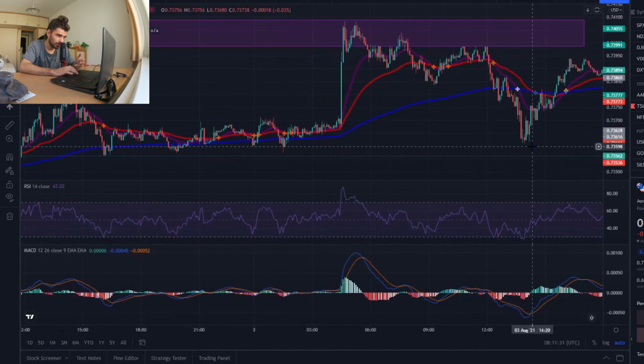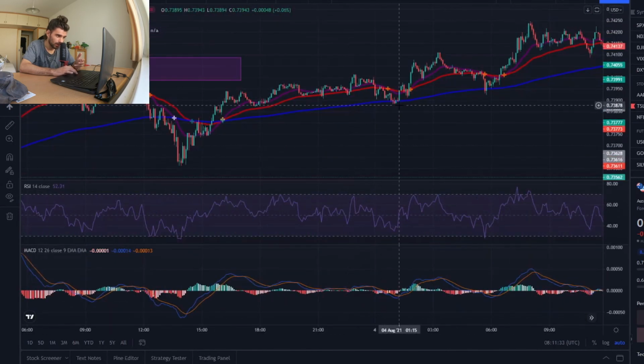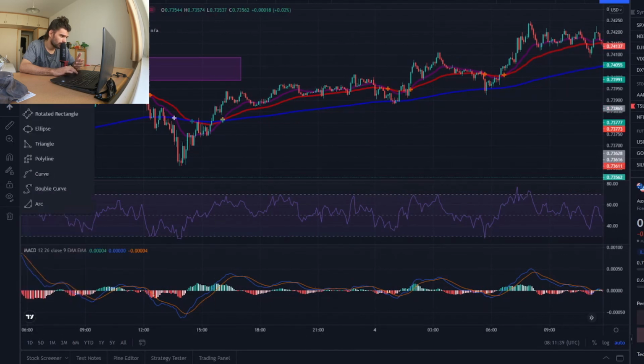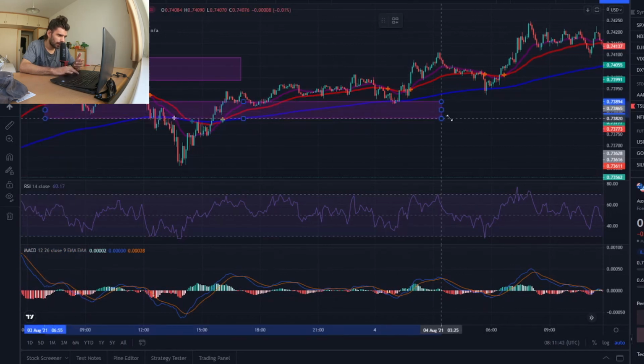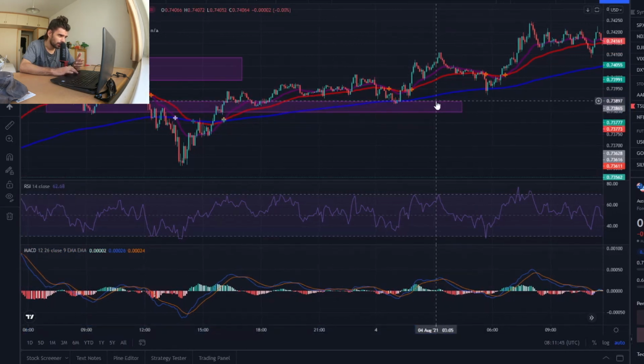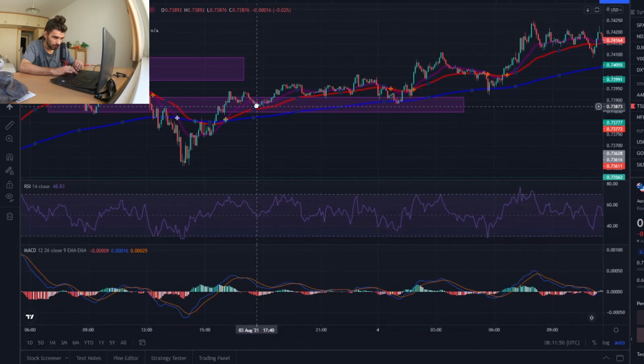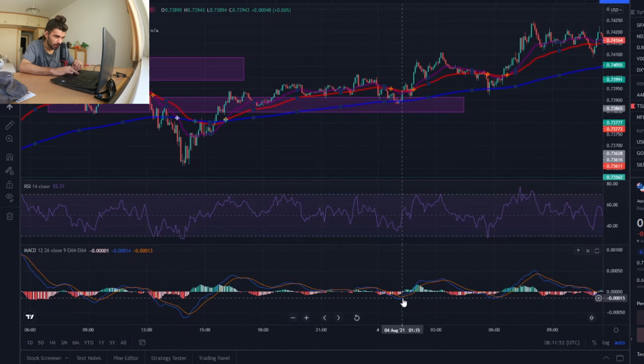So this was last week. Here we had another one. RSI was pretty low. We came to this support area here at around the 200 EMA. RSI was low. We had here a cross with a very bullish candlestick.